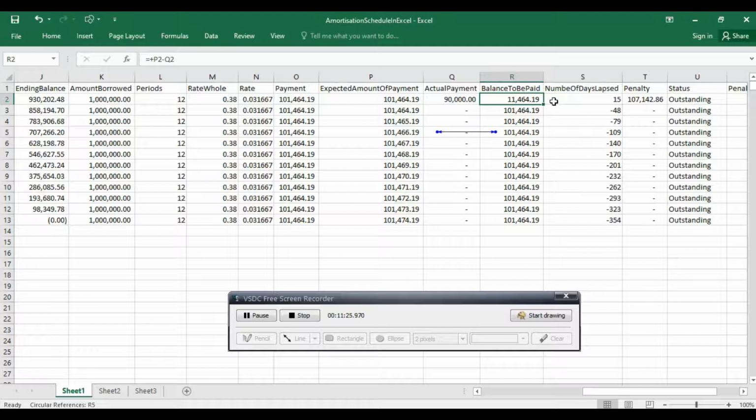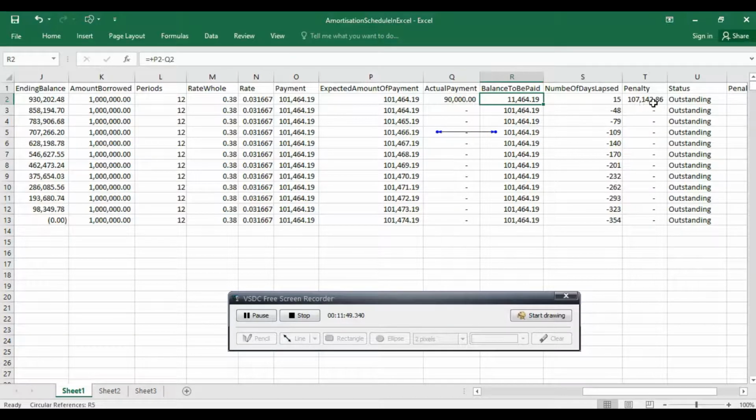You can see the figure here, the penalty of 107,000 for the number of days elapsed.